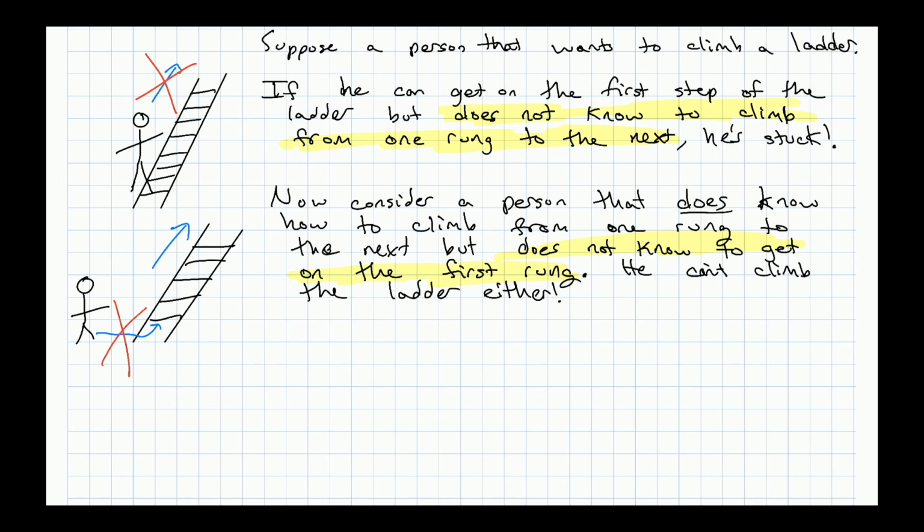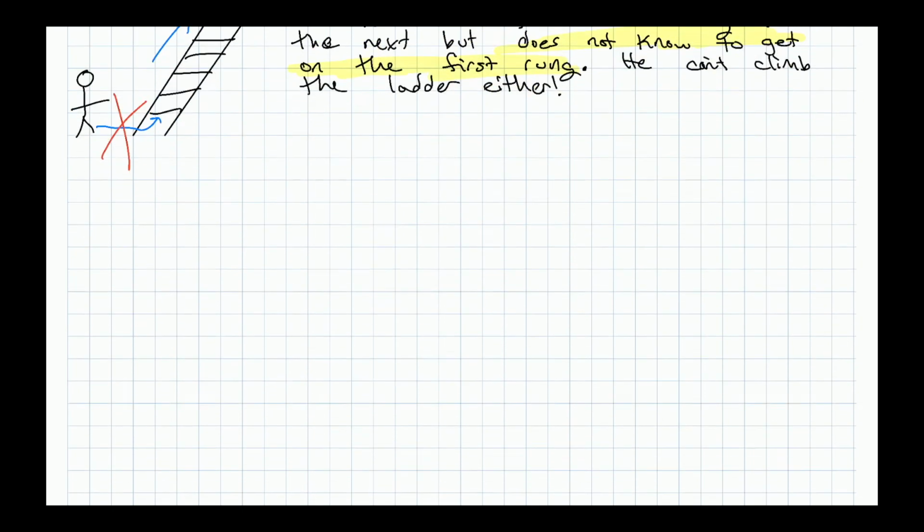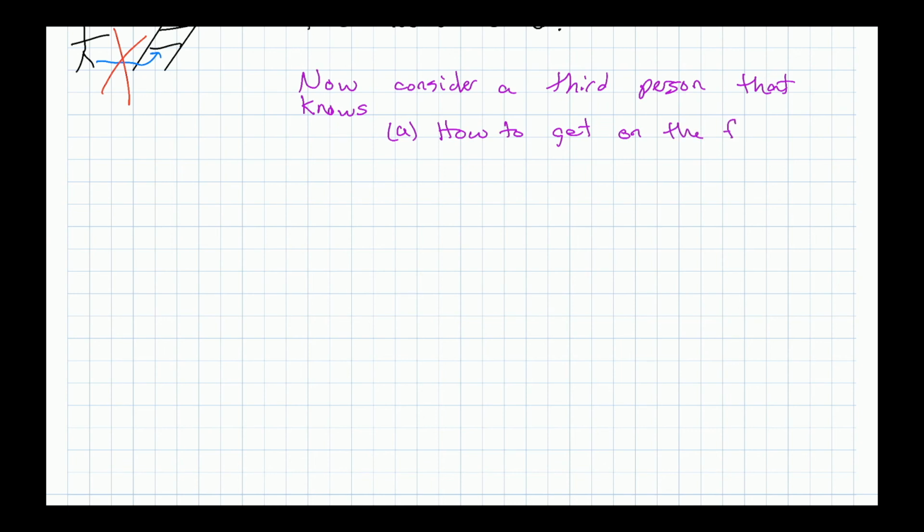So consider a third person that knows how to get on the first rung of the ladder, and also B, knows how to go from one rung up to the next rung.